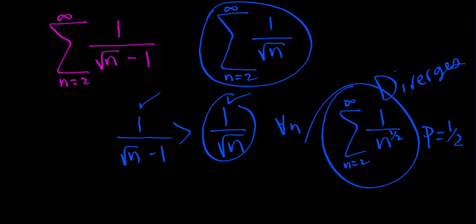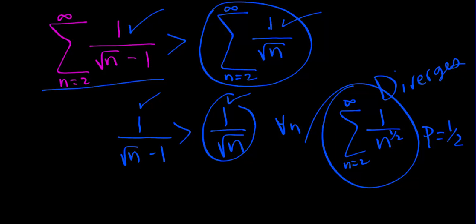So we know this series diverges. And also what we know is that this series is bigger. So this series diverges, and this one is bigger than this one, okay? So our series must also diverge.